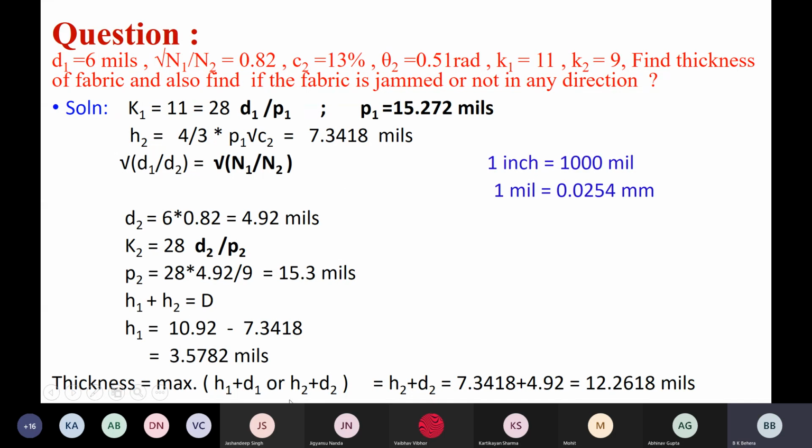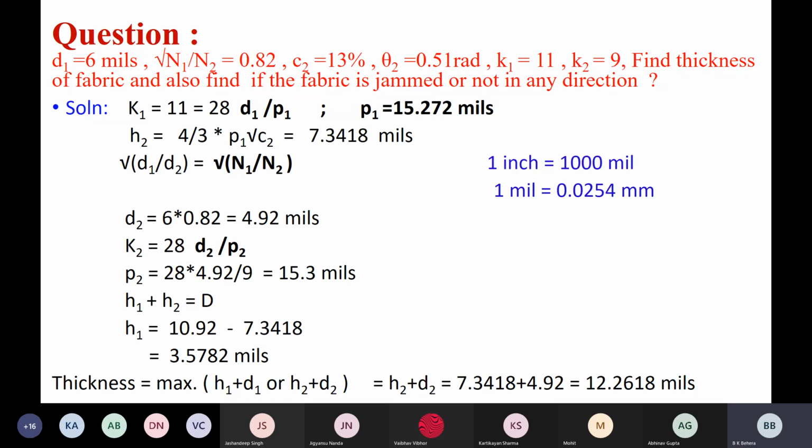And the fabric thickness formula is H1 plus D1 or H2 plus D2, whichever is larger. We got H2 plus D2 as the larger one, and the fabric thickness is 12.2618 mils. Remember, in such questions, you have to try both H1 plus D1 and H2 plus D2. Whichever is larger, you take that as the fabric thickness.